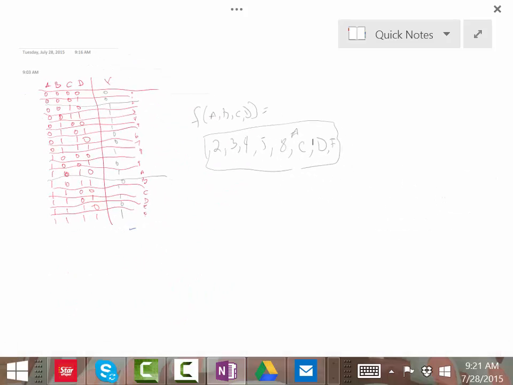And you just apply that there. I don't know if this is right or not. It looks like it's 1, 2, 3, 4, 5, 8, A, C, D, F. Yeah, okay, that's right. Any questions about that?